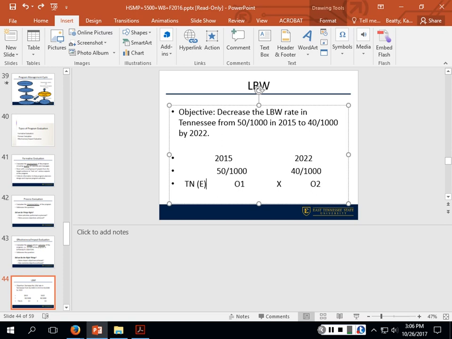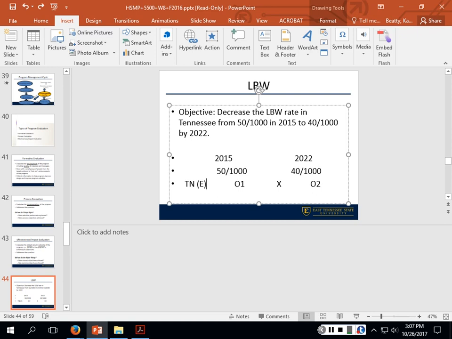So can we conclude that the objective was met? The objective was met, right? But we can't really say that we met it. We can't really attribute this change to our program. That's right. Why? There's no comparison.